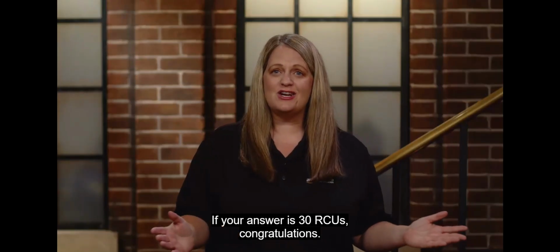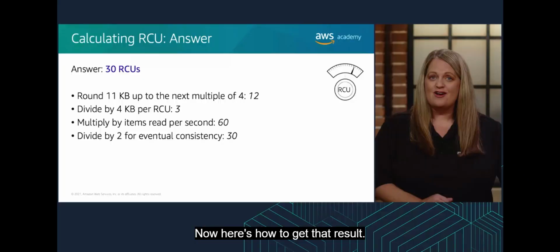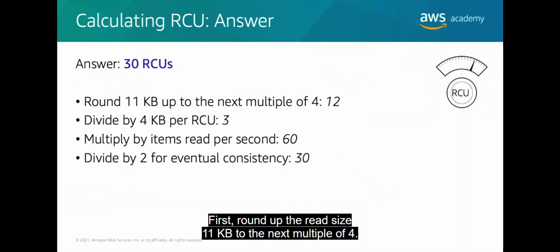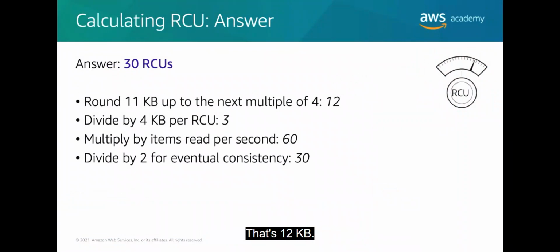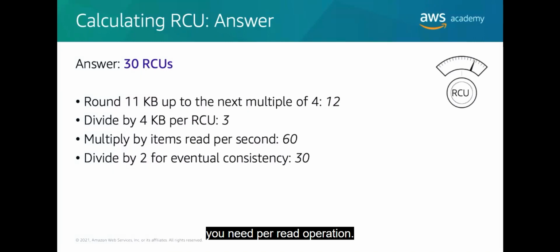If your answer is 30 RCUs, congratulations! Now here's how to get that result. First, round up the read size, 11 kilobytes, to the next multiple of 4, that's 12 kilobytes. Now divide the read size of 12 kilobytes by 4 to get the RCUs that you need per read operation. The result is 3 RCUs per read operation.